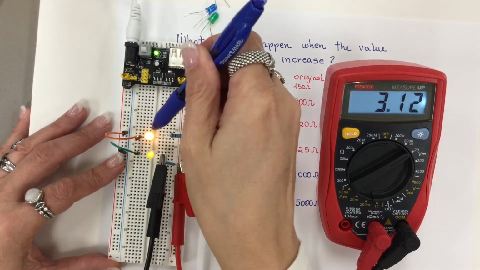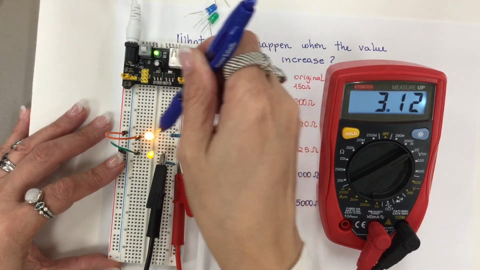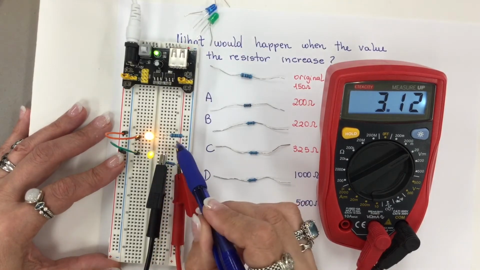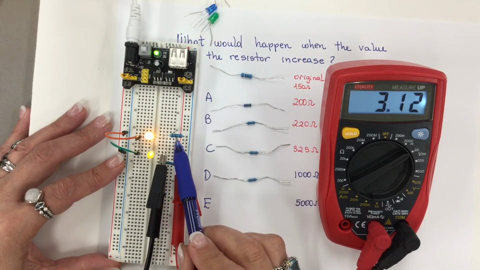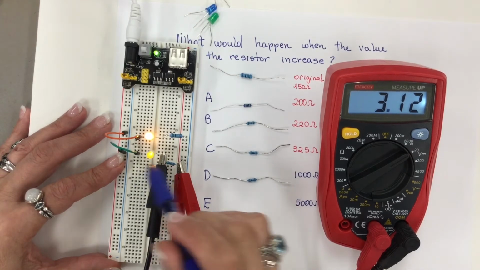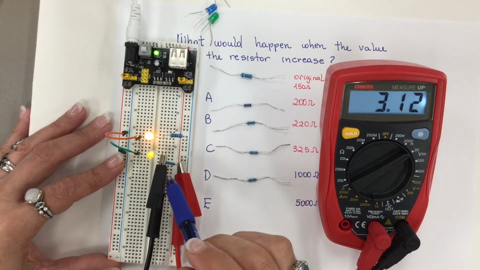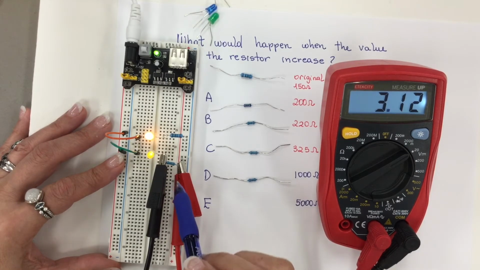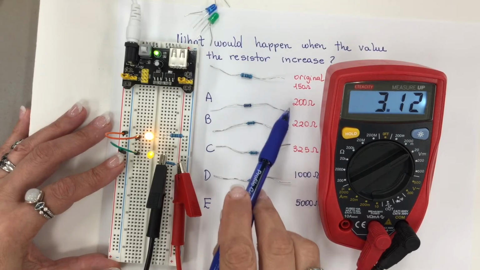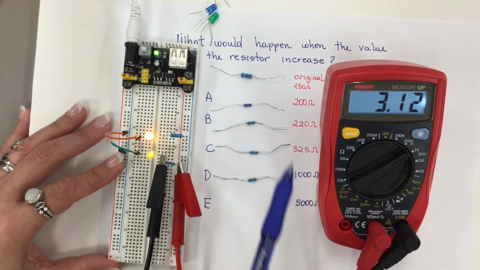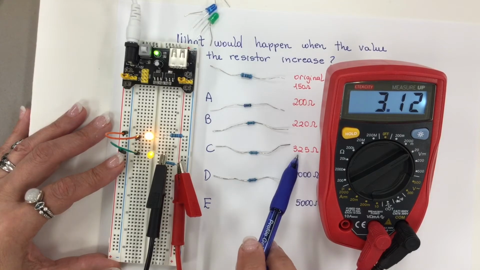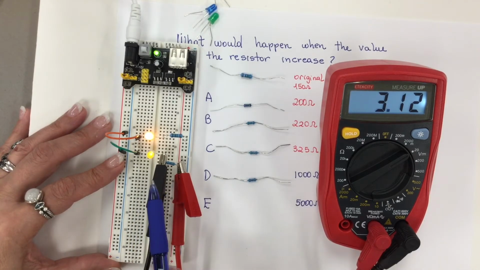This circuit, I didn't change anytime. This here is my control group with 150 ohms. Then on my experimental group, I increased the resistance gradually from 200, 220, 325, and I did not observe that many changes with the brightness of this LED and the voltage across the resistor.